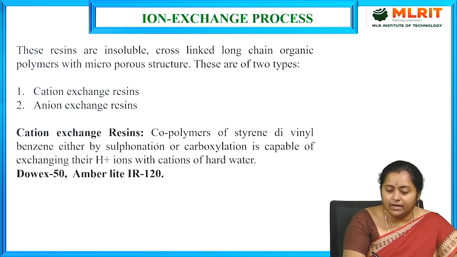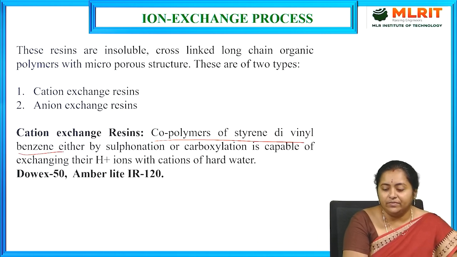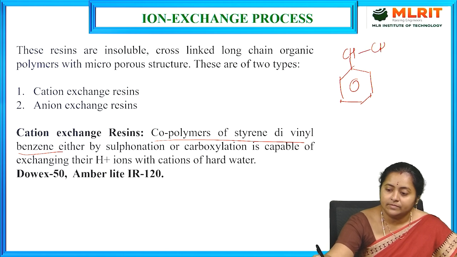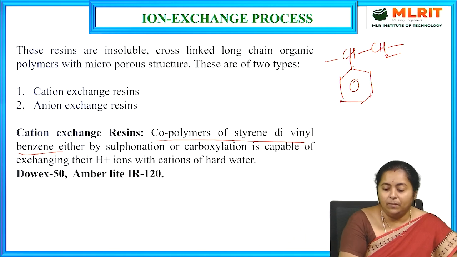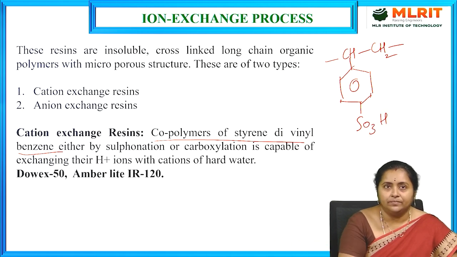For this, I am going to consider the example of the copolymer of styrene divinyl benzene. I am considering styrene, a vinyl group attached to a phenyl ring. So this is the copolymer of styrene divinyl benzene. If it is subjected to sulfonation or carboxylation, say for example, SO3H here, if it is subjected to sulfonation, we will get SO3H.